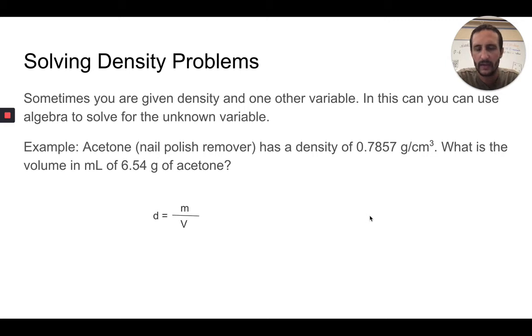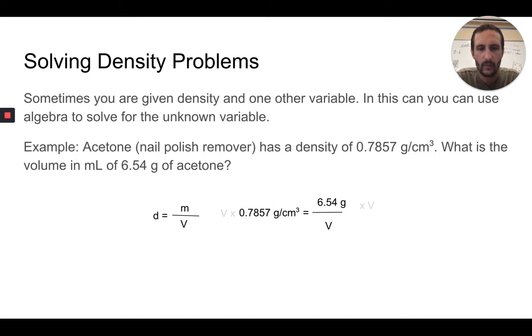In this case, I have both the density and the mass, and I need to find the volume. So I set it up where I plugged in the known values, and then I'm going to use algebra to solve for the unknown, in this case, volume.